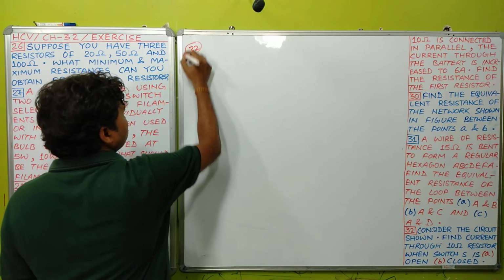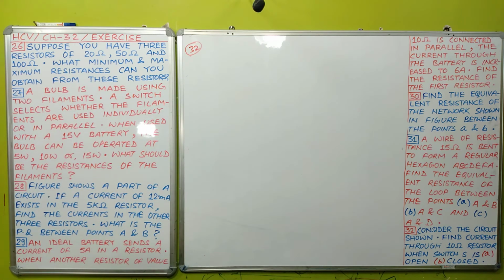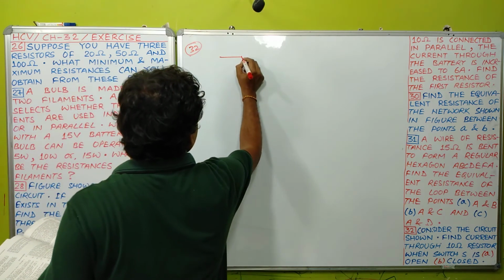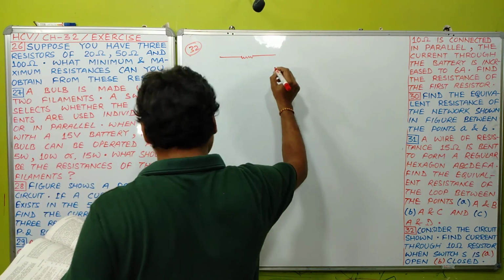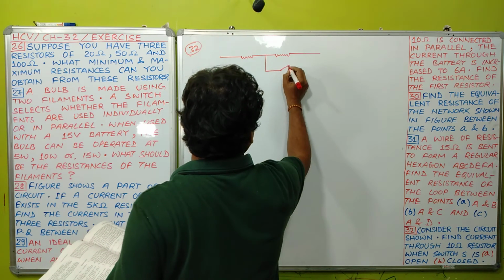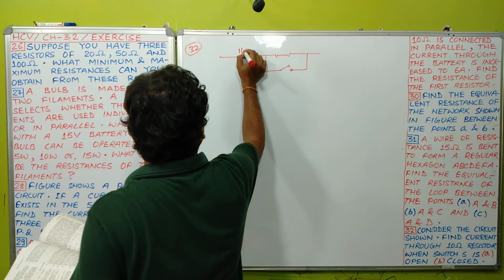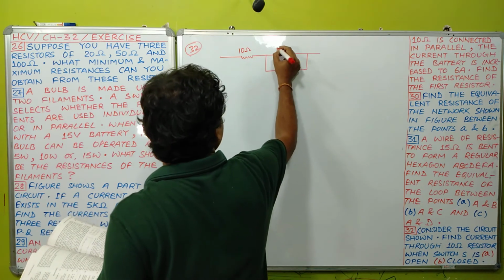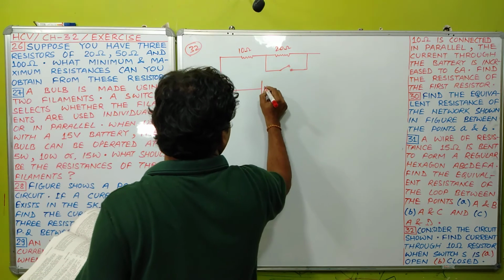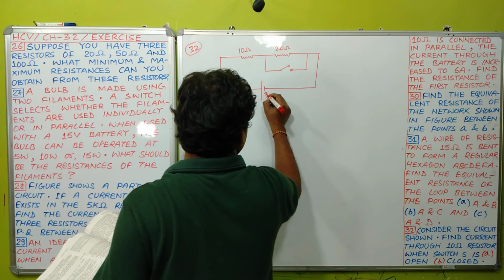Again for question number 32, the figure is given in the question and the circuit is like this. This is a switch. The values of these two resistances have been given. This is 10 ohm. This is 20 ohm. This is your 3 volt.